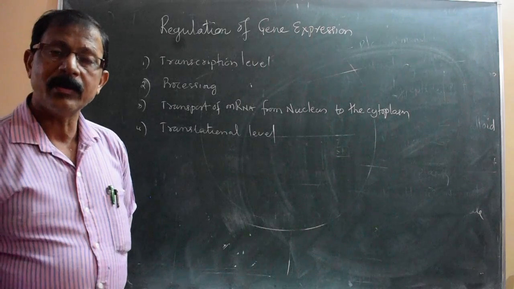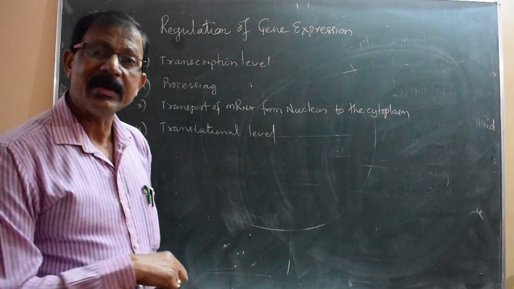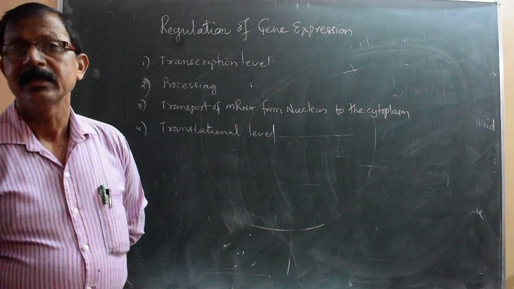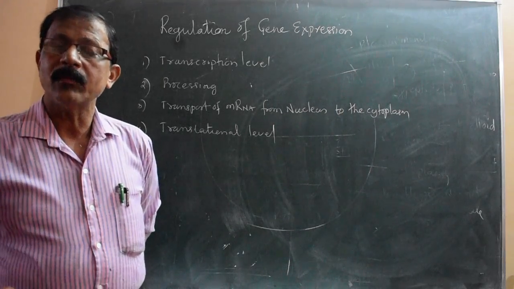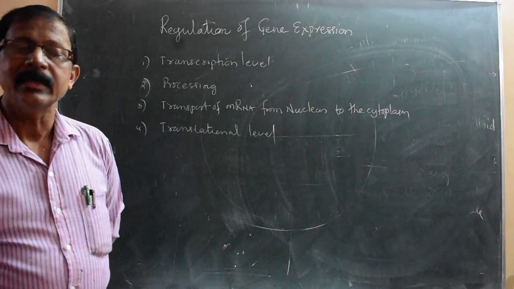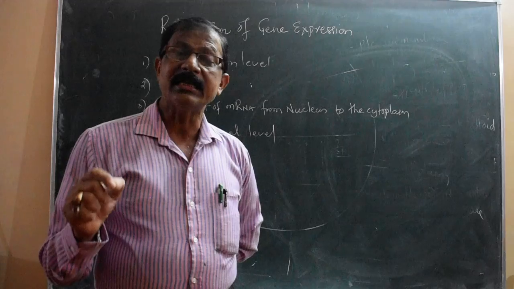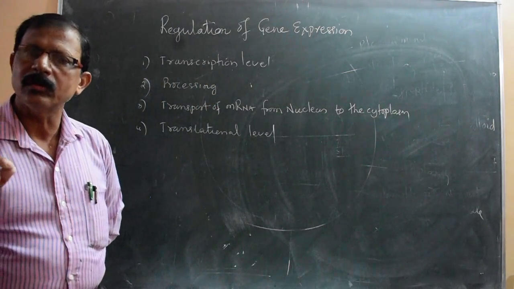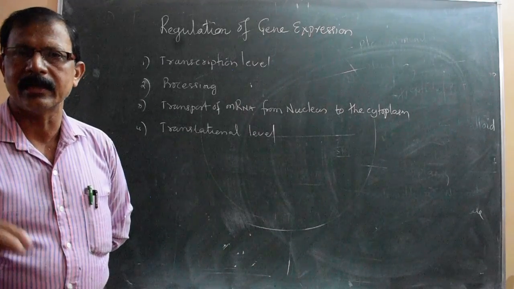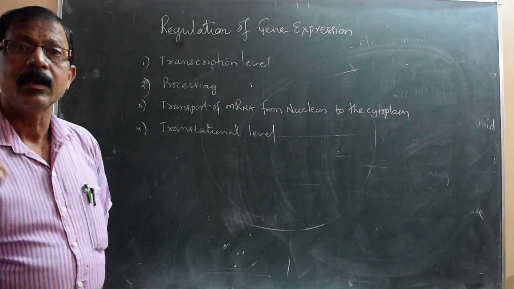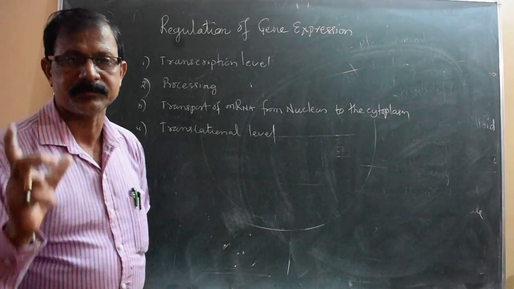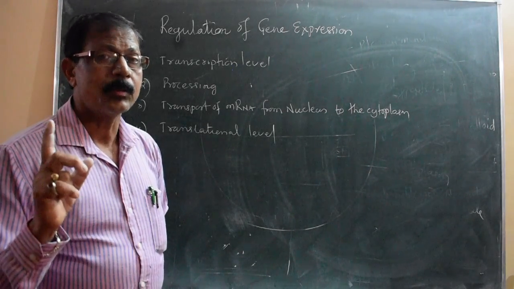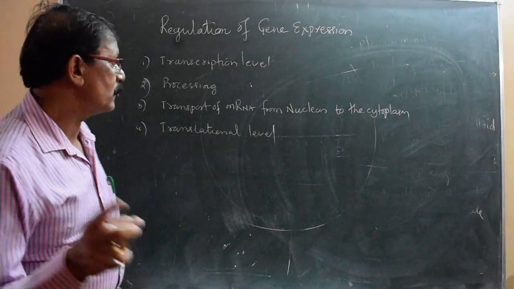Then there are capping and the tail. Once all these processes are done, the mRNA is processed and converted into hnRNA, heterogeneous nuclear RNA. That hnRNA is the processed mRNA, which you must remember.